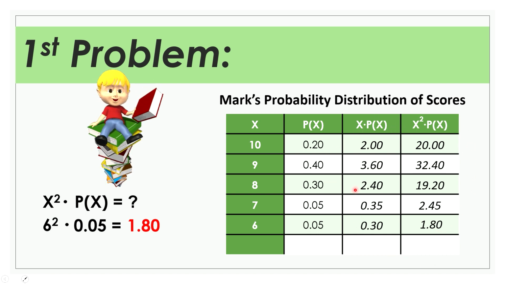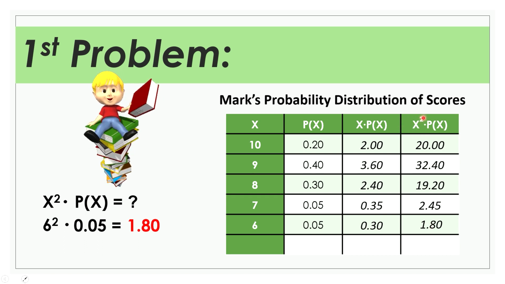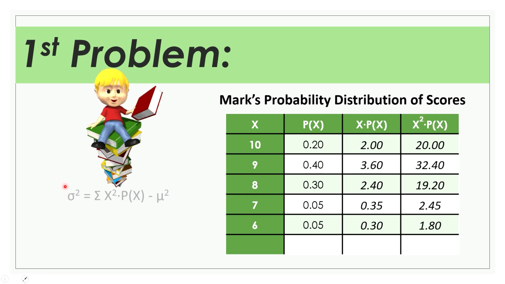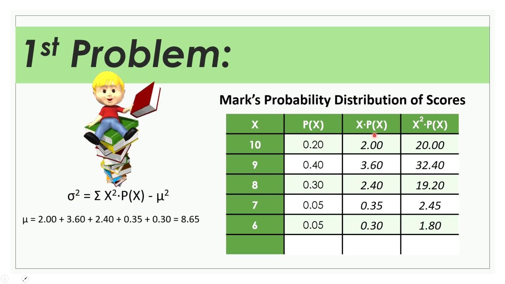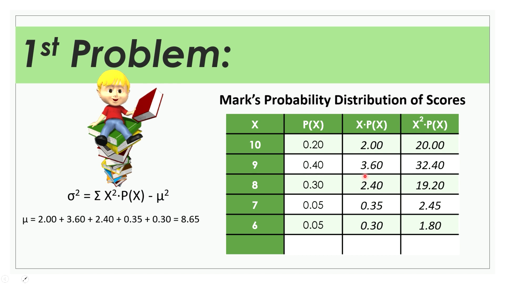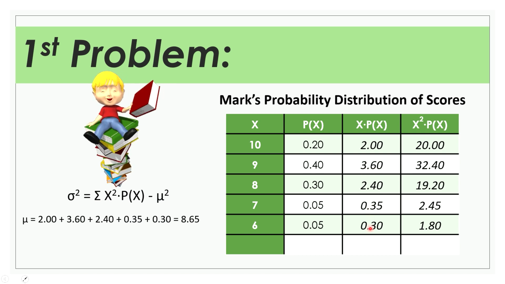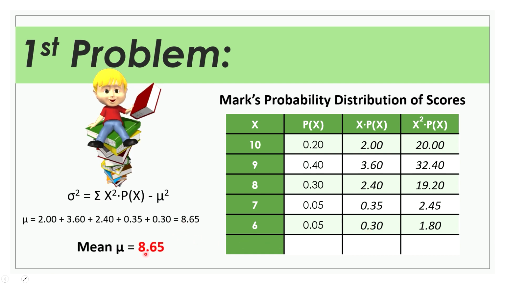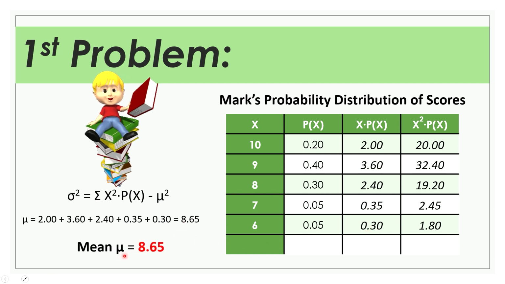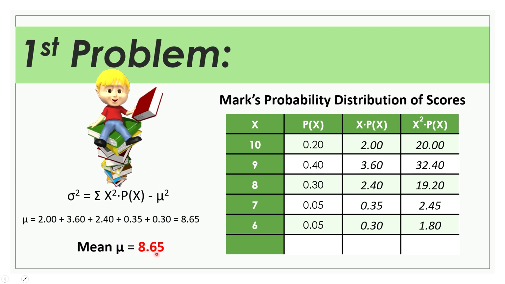So, we will get now the mean at saka yung ating summation of x squared multiplied by p of x para makuha natin yung ating variance. So, simply add this value: 2 plus 3.60 plus 2.40 plus 0.35 plus 0.30 is equal to 8.65. So it means ang ating value ng ating mean is 8.65.